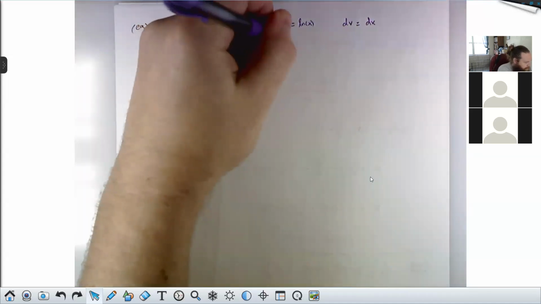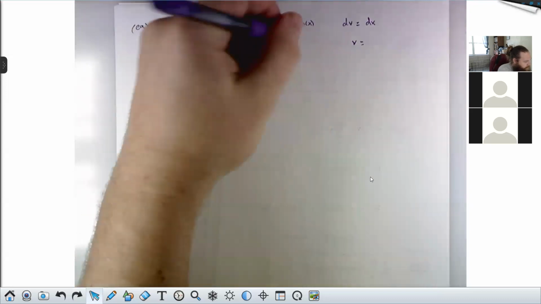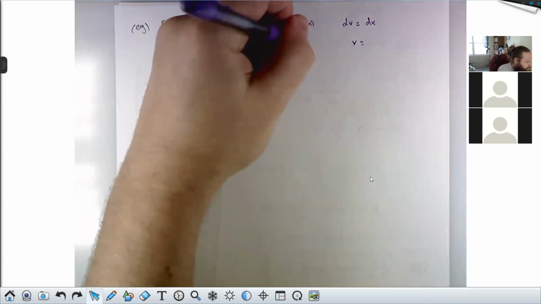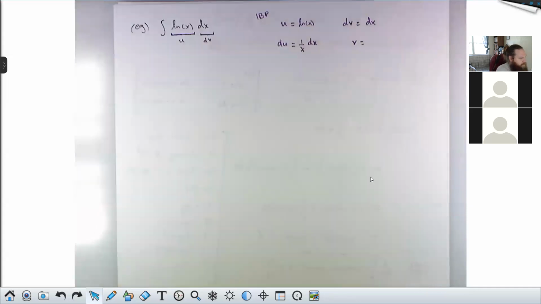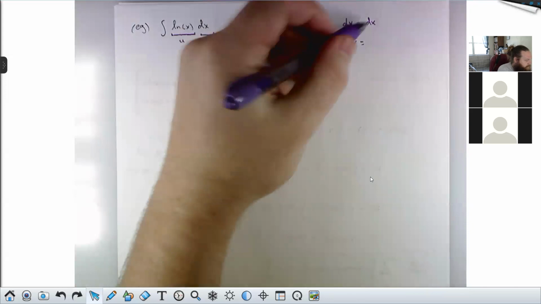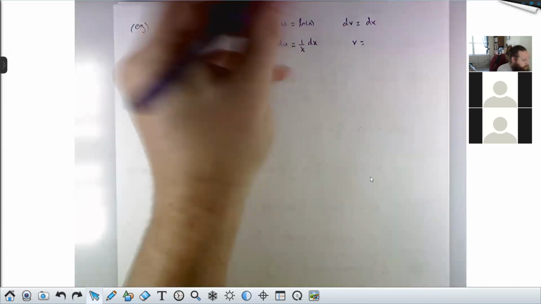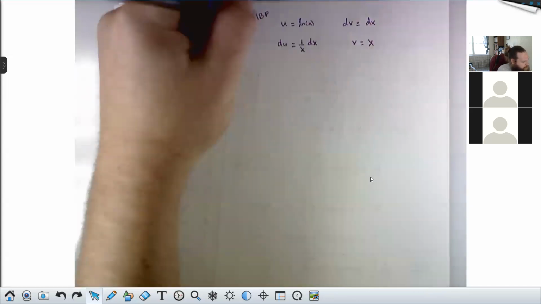Then from those, we calculate du and we calculate v. So du is the differential we get by differentiating ln x. The derivative of ln x is 1 over x. So du is 1 over x dx. And v is the integral of dx. Integrate on both sides here. The integral of dv is v. The integral of dx is x.